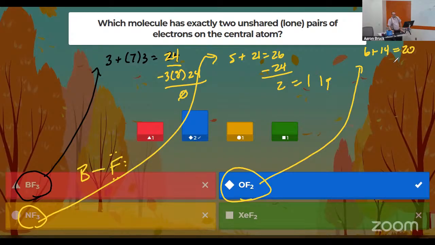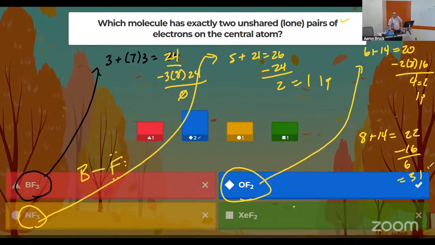Each of those bonding directions is 8. 16, 4, 2 lone pairs are the result of that. That's what we were looking for. For the xenon, 8 plus 14 gives them 22. There would be 3 lone pairs on that.